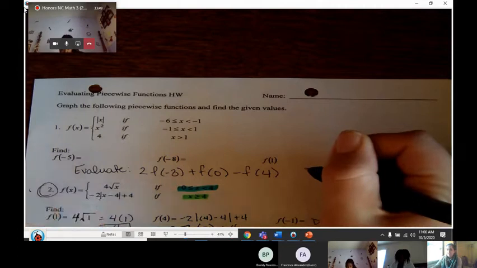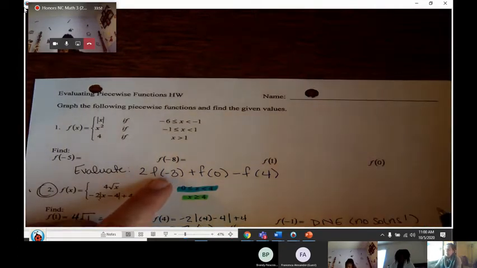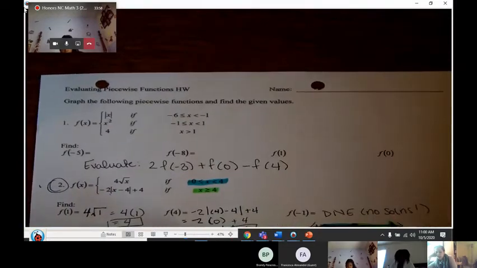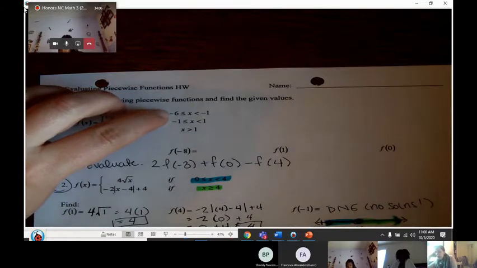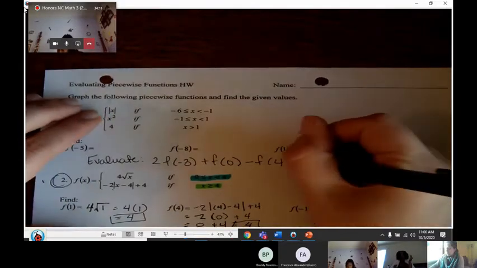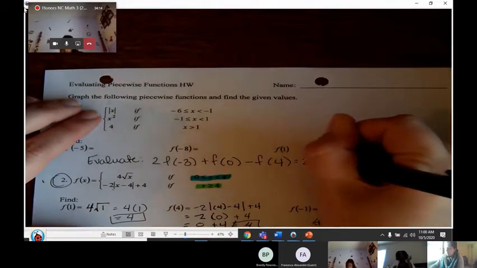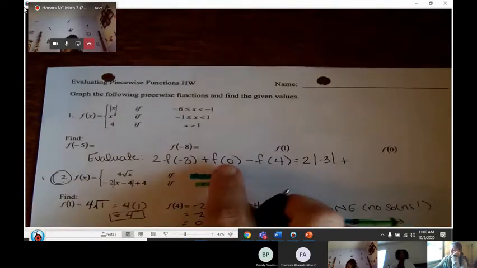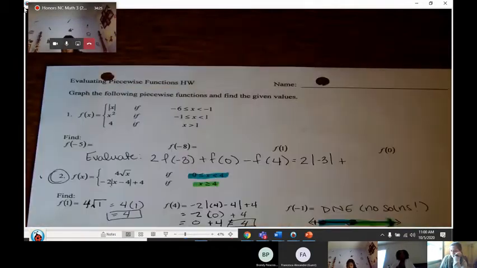Okay, so f of -3, where is -3 in these domains? Yeah, it's in this first one. So I want to sub -3 into my absolute value. So I'm going to have 2 times absolute value of -3. Then where is 0 for this f of 0? Is it the first, the second, or the third domain? The second?